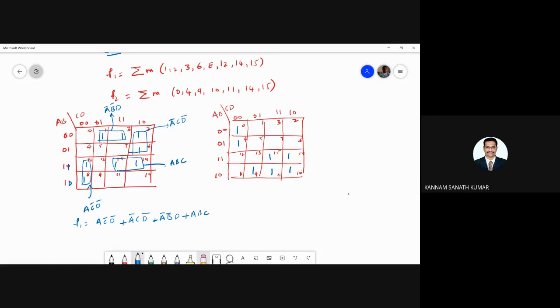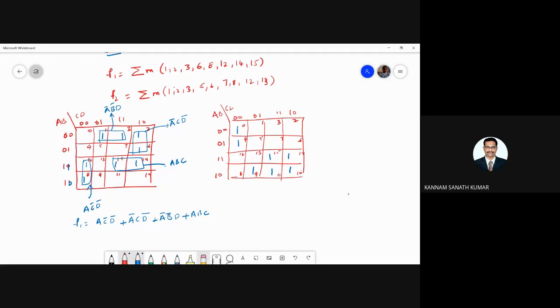Sorry, here let us take F2 as 1, 2, 3, 5, 6, 7, 8, 12, 13. Okay, so these are the minterms.